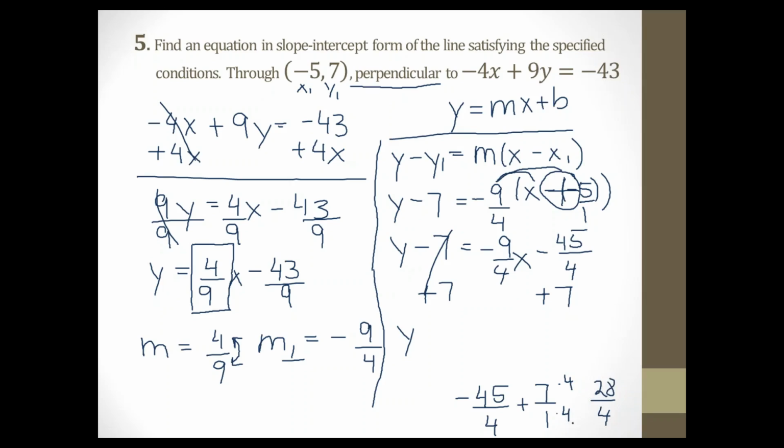And now adding the 28 over 4 to negative 45 over 4 gives me negative 17 over 4. So y equals, first of all, my slope, negative 9 over 4 x, and then negative 17 over 4. So that is the equation of a line that goes through the point negative 5, 7 and is perpendicular to this given equation. Give us just a second, we are switching.